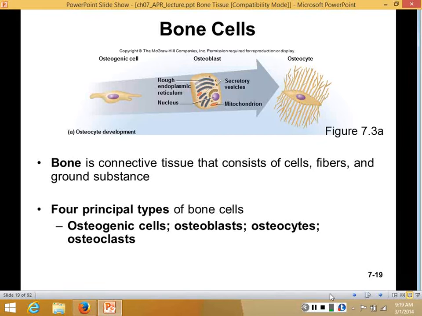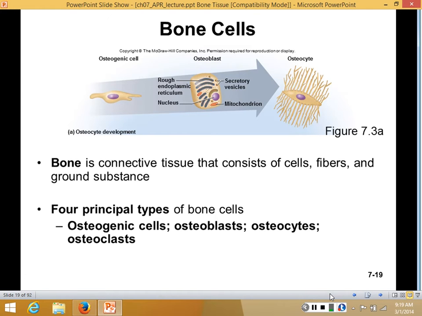Right below that, if you look, osteogenic cells, your osteoblasts, and your osteocytes are all from the same generation or the same lineage. However, your osteoclasts, which are a bunch of stem cells that fuse together forming one dominant cell, are from the same line as our white blood cells: the macrophages, the monocytes, the lymphocytes, and things of that sort.